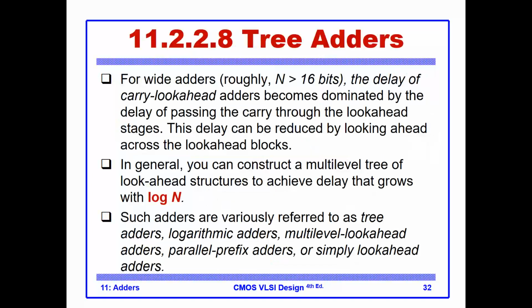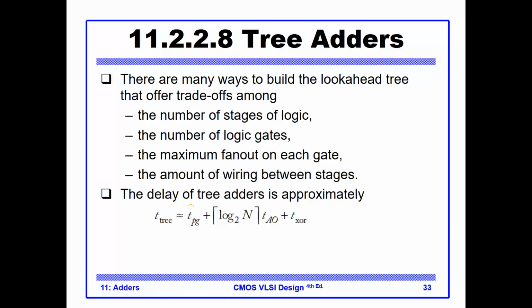Now, the tree adders, on the other hand, will drop the delay further to log of N, and we can see that this is needed for the first stage. To find the delay of a tree adder, we need the first stage, we need the addition, so this is XOR at the last stage, and in the intermediate stages we need to go through log of N delays of these gates, which are AND-OR gates.